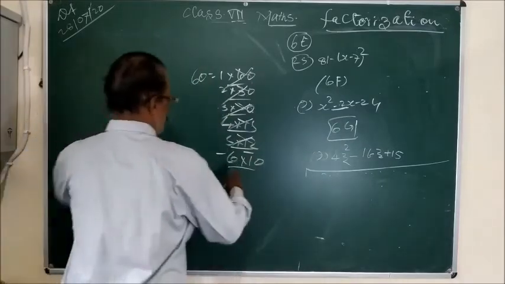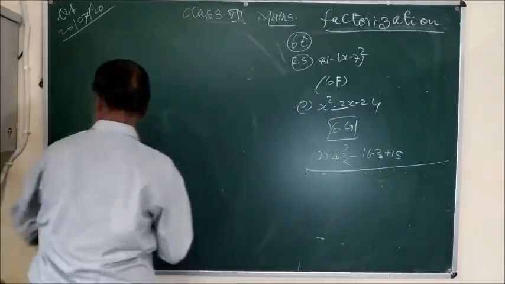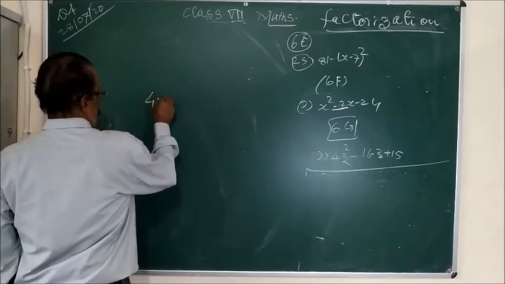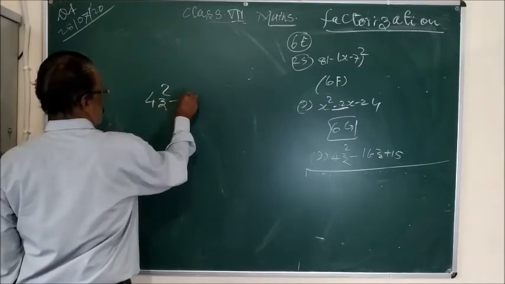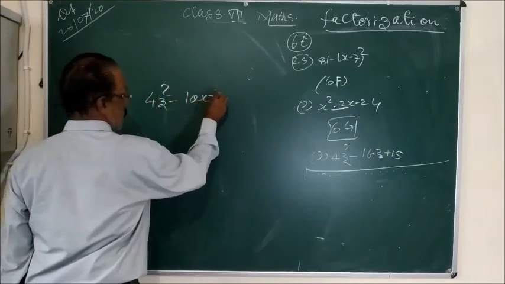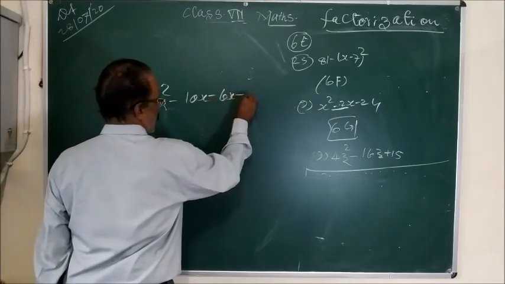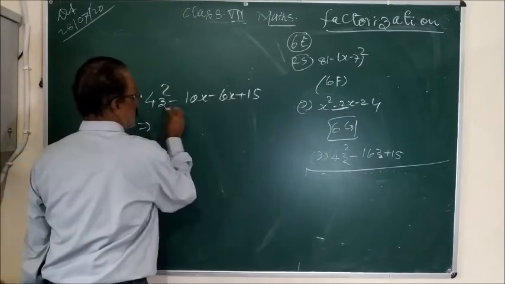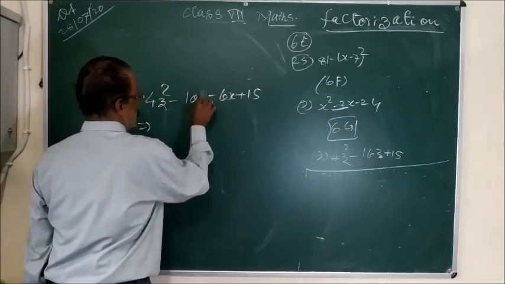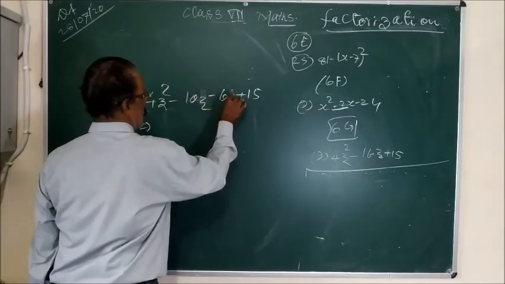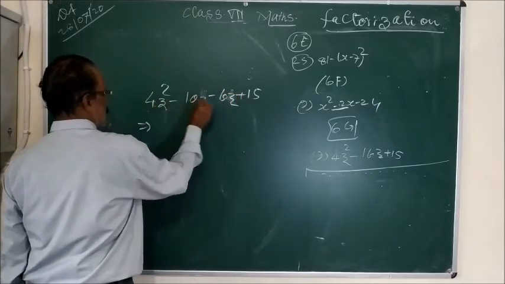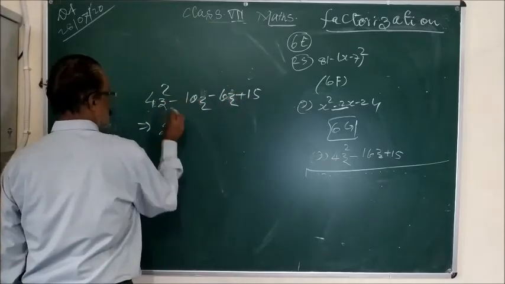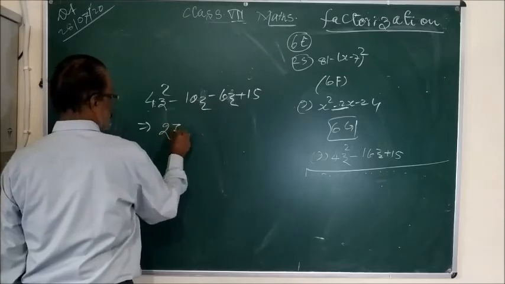तो दिस इज द स्प्लिट ऑफ मिडिल टर्म. कितना? माइनस 6z माइनस 10z. For z square, this will be minus 10z or minus 6z. And if you split carefully, you will get the answer. Now this is z. Variable, whatever variable, no change. So 4 and 10 common is 2. Z square, z is common.